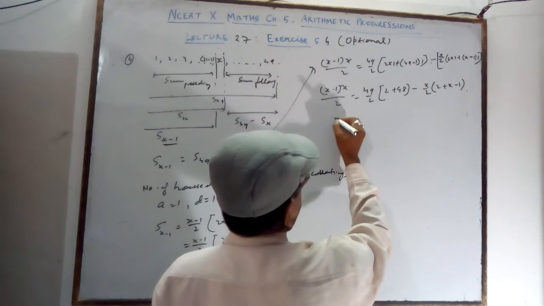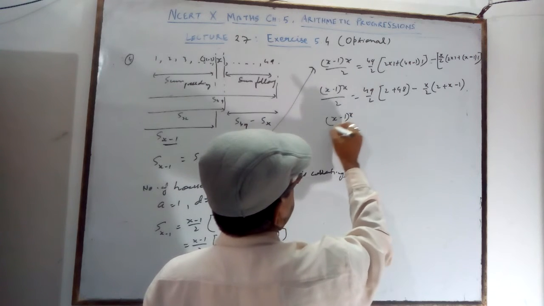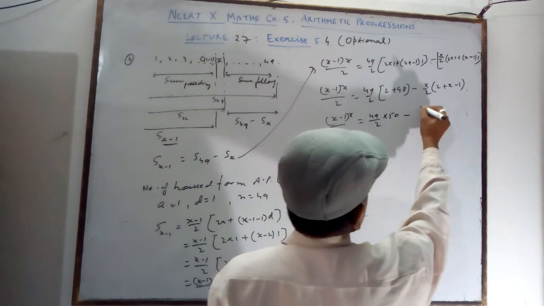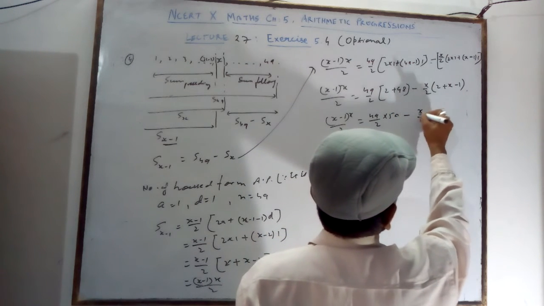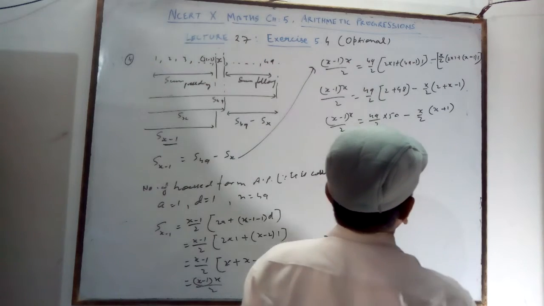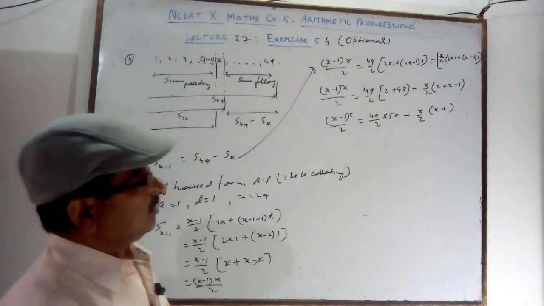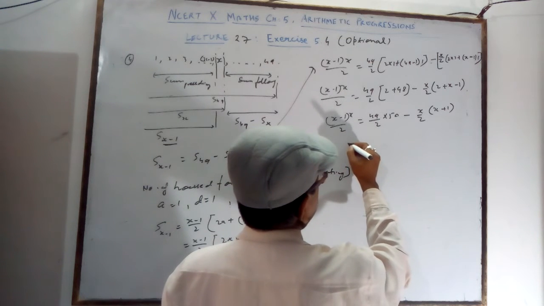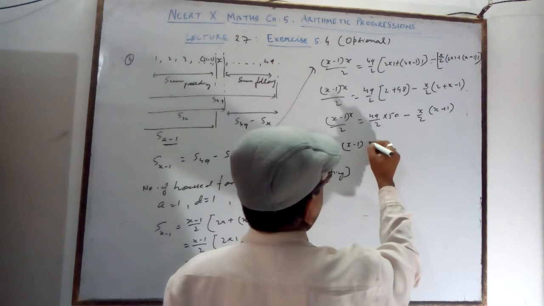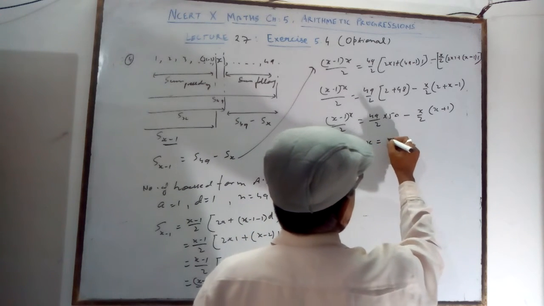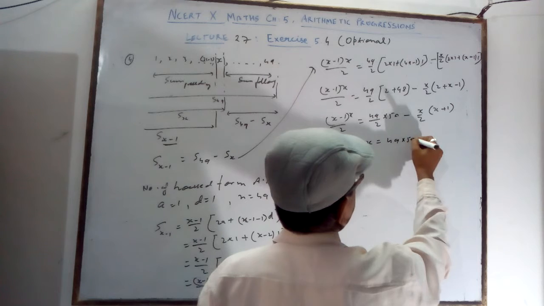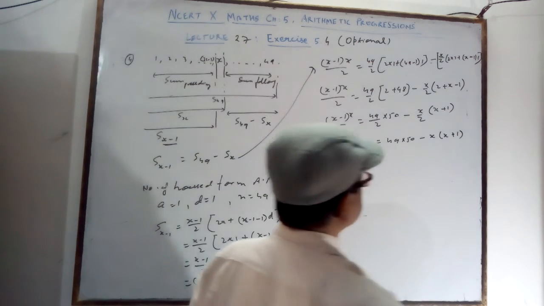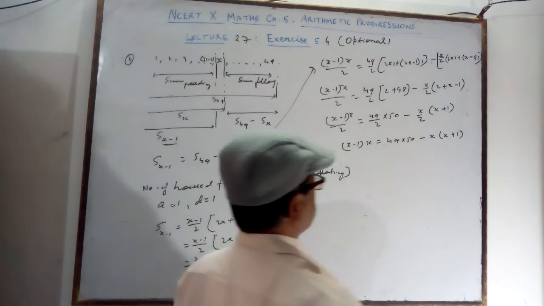So (x minus 1) into x by 2 is equal to 49 by 2 into 50 minus x by 2 into (x plus 1). In all places, 2 you can consider as denominator. So here (x minus 1) into x is equal to 49 into 50 minus x into (x plus 1). You open these and solve the question.